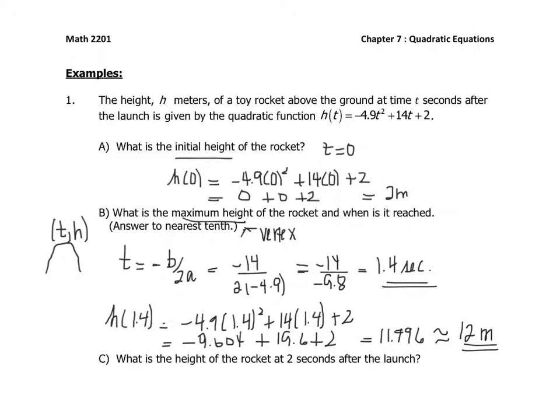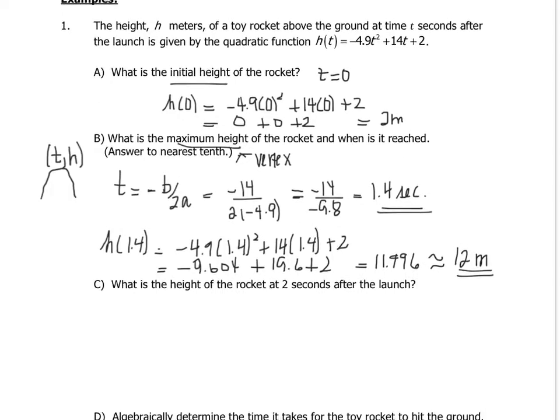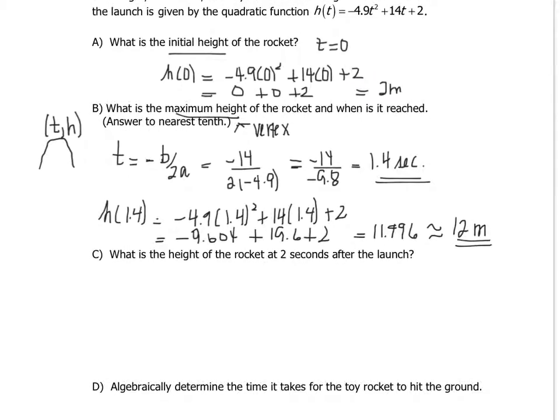And what is the height of the rocket 2 seconds after the launch? Well, what they're giving you is a time. So you just want to find the height at 2 seconds.